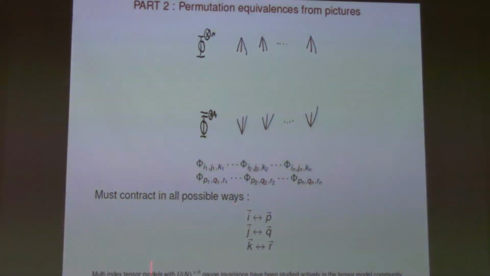If you study tensor models like this, if you start with a Gaussian model and then you add some interaction, you can define nice double scaling limits which lead to melonic graphs and so on. So there are reasons to be interested in these models. And here the question we had in 2013 was how to characterize the general observables. They come from arbitrary contractions of I's with P's, J's with Q's, and K's with R's.